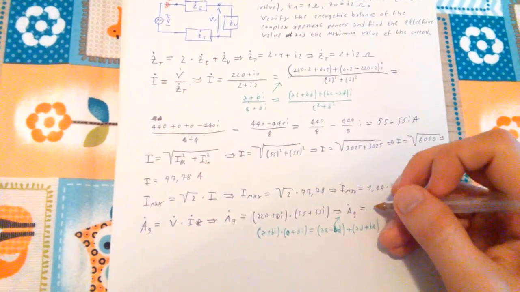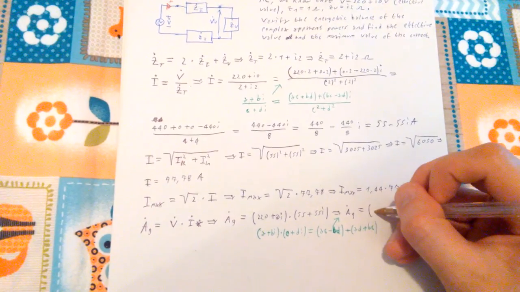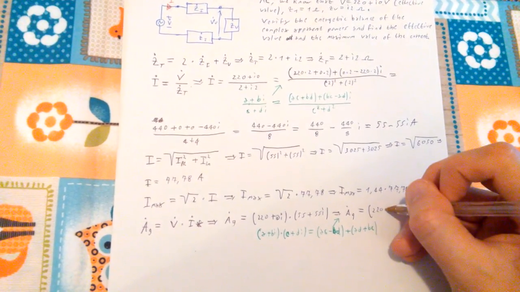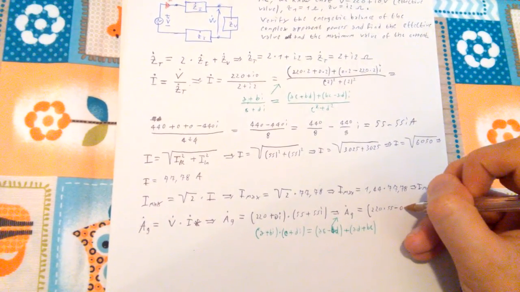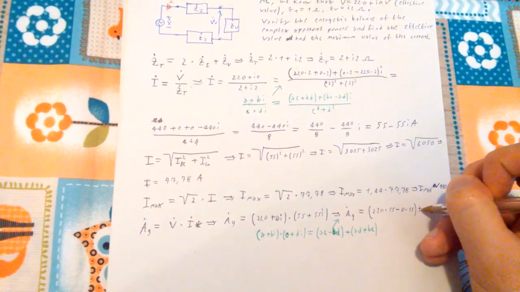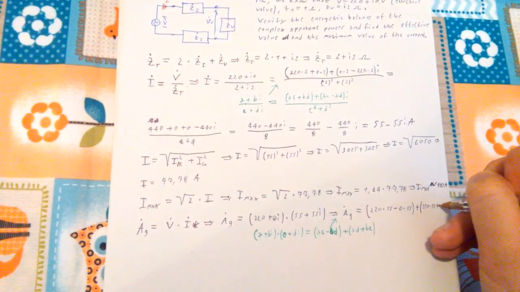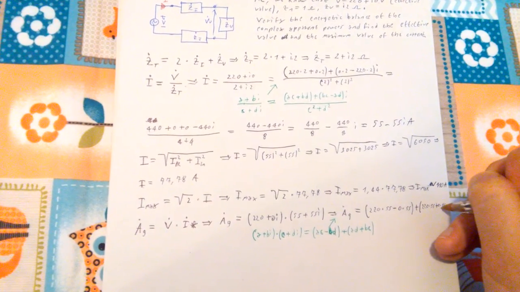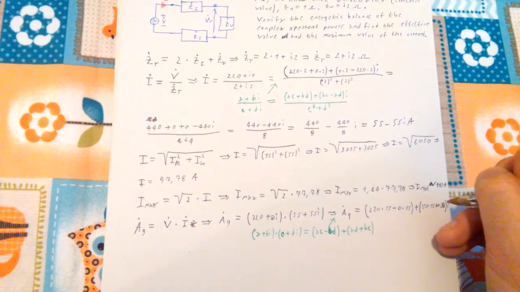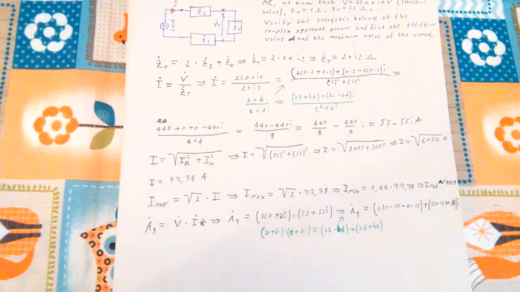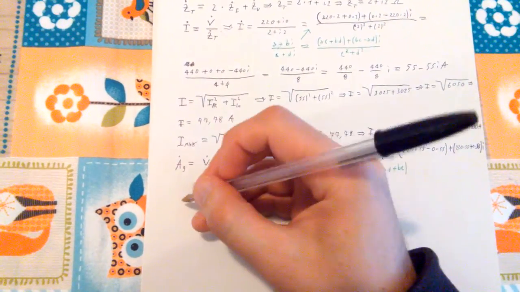So AD will be 220 times 55 minus 0 times 55 plus 220 times 55 plus 0 times 55 I. Running out of space here.